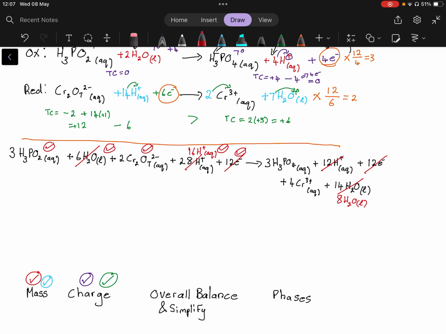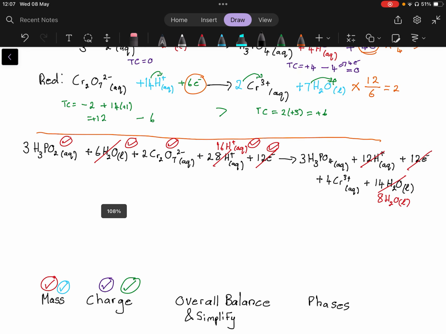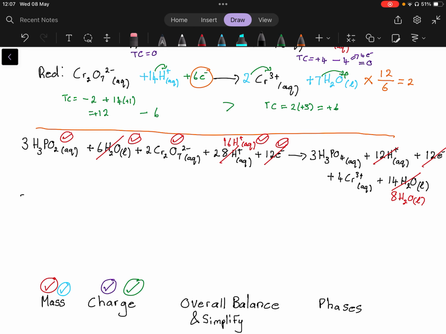Okay. So now we're just going to rewrite it because this is kind of a mess at the moment. So we now have 3H3PO2 in the aqueous phase. There's no water here, so the next thing is 2Cr2O7 2- in the aqueous phase. There were 16 protons left in the aqueous phase.